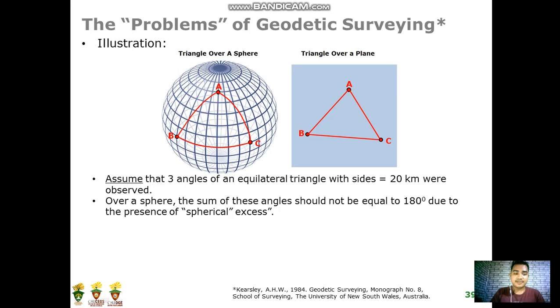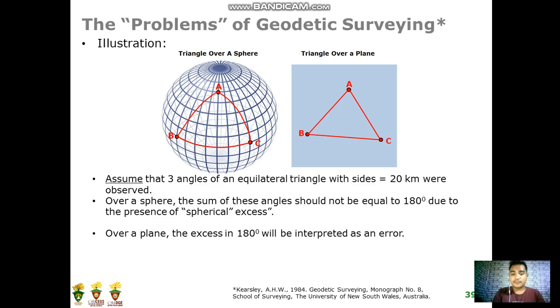And over a sphere, the sum of these three angles should not be equal to 180 degrees. It's because with a spherical triangle, the interior angles must not be equal to 180 degrees, unlike in a plane, where the sum is equal to 180 degrees. And this is due to the presence of what we call spherical excess. And over a plane, the excess over 180 degrees will be interpreted as an error.